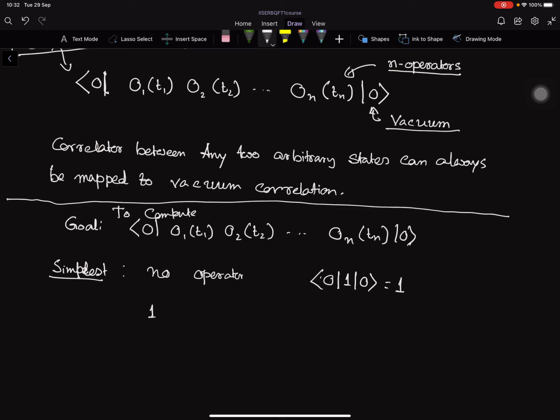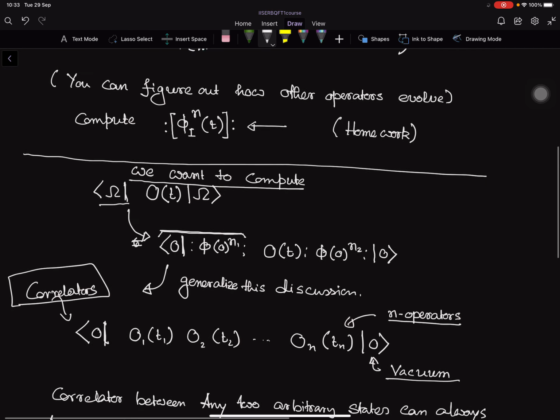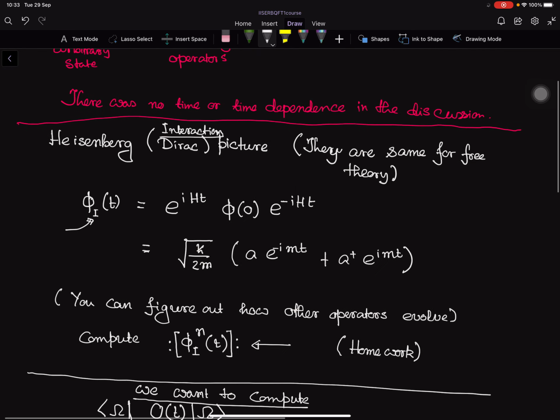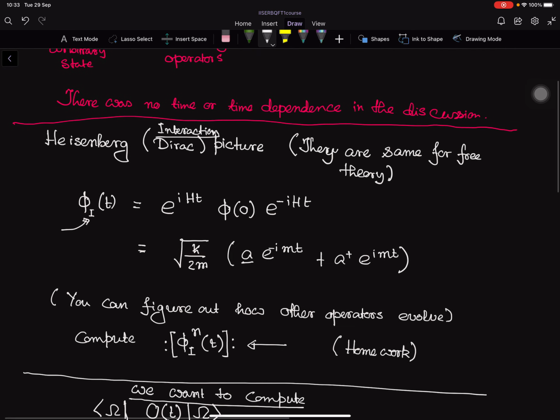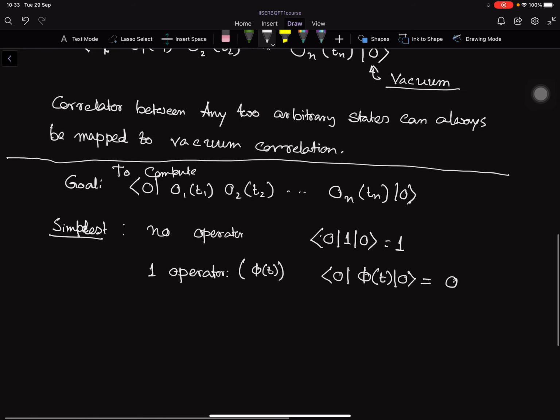Then let's compute one operator, and let's choose this operator to be phi(t). You can compute it to be 0, because phi(t) has either a or a dagger. Either it will hit to the left.